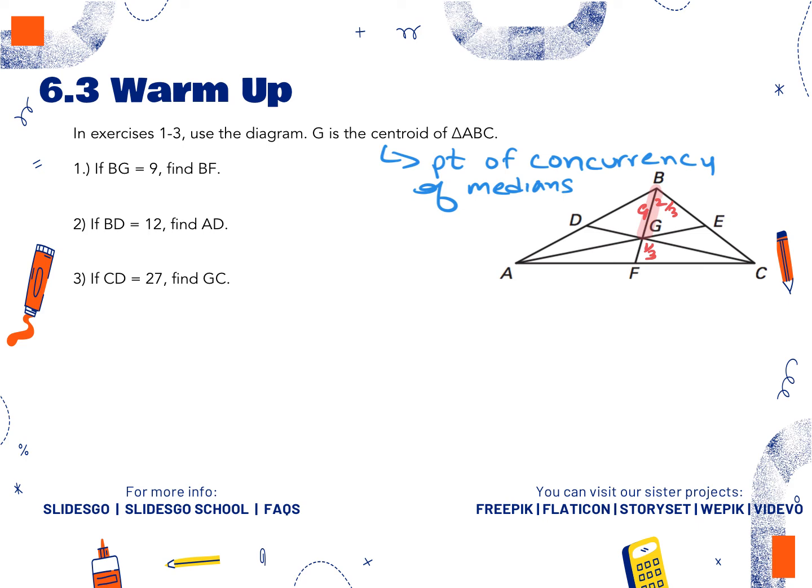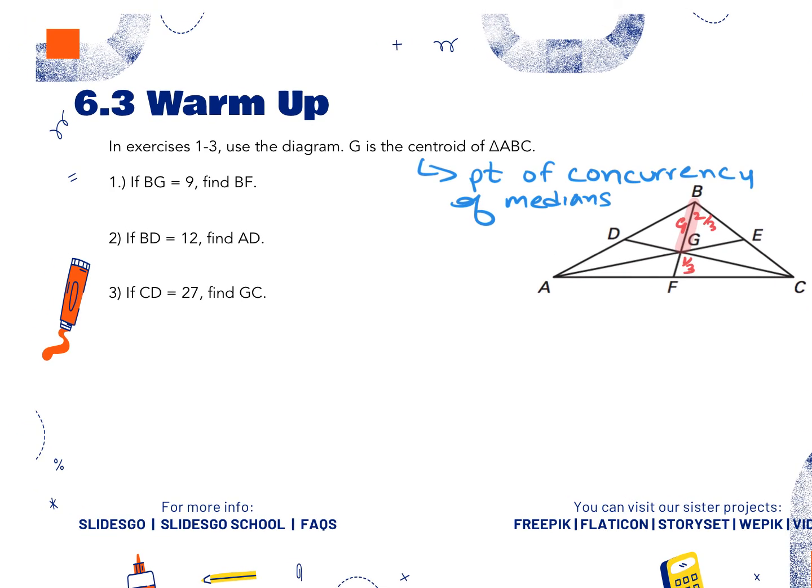So in order to find BF, I can set BG equal to 2/3 of BF. BG is 9, so 2/3 of BF is equal to 9. Whenever I see a fraction next to a variable, in this case my variable is BF, I need to divide.